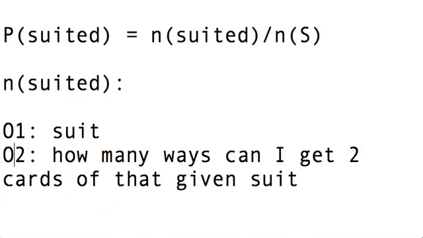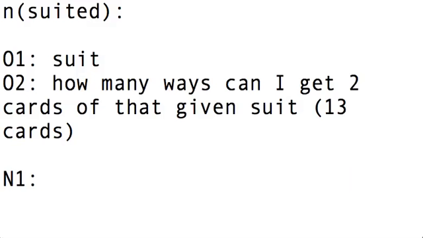Now the number of ways that I can get 2 cards out of a given suit is independent of which suit I choose because there are always 13 cards of a given suit. So the number of ways I can choose a suit is 4. The number of ways that I can get 2 cards out of that given suit is 13 choose 2 because there are 13 cards of a given suit, and I'm choosing 2 of them to be in my hand.